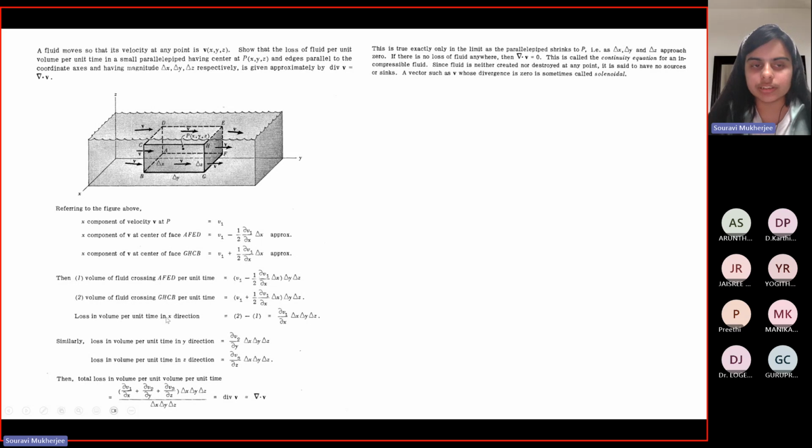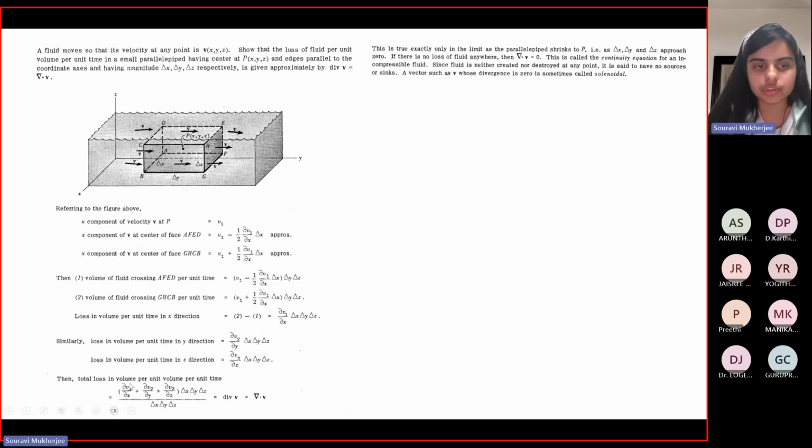So you can calculate what fluid is entering a surface and what fluid is leaving the other side of your volume element, right? From here, you can say that the loss in volume along the x direction will be given by this quantity. Similarly, the loss in volume along the y direction will be given by this quantity, and similarly for z.